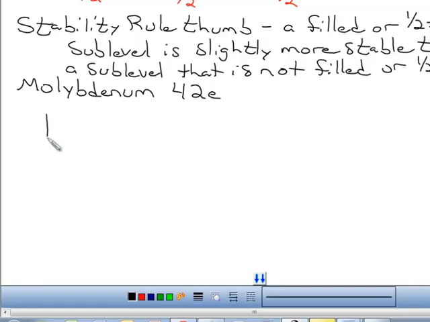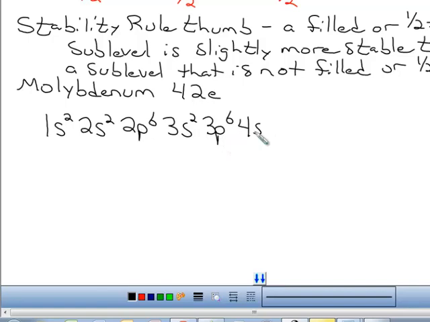So I'm going to begin filling in the electron configuration. 1s2, 2s2, 2p6, 3s2, 3p6, 4s2, 3d10, 4p6, 5s2, and finally 4d4.